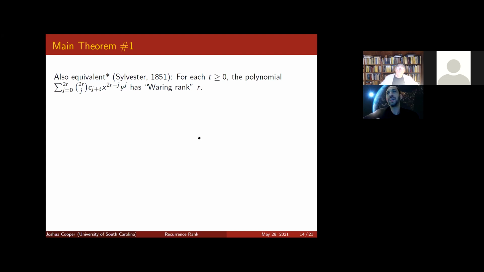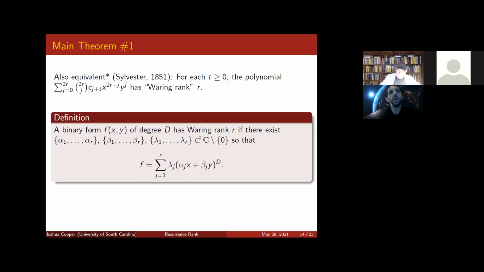Also equivalent, this goes back to Sylvester: if you define this strange form that involves some binomial coefficients, then notice its degree is 2R, and it has Waring rank R. Waring rank is this thing: a binary form of degree d has Waring rank R if you've got a bunch of complex numbers so that F can be written as a sum of R dth powers of linear forms.